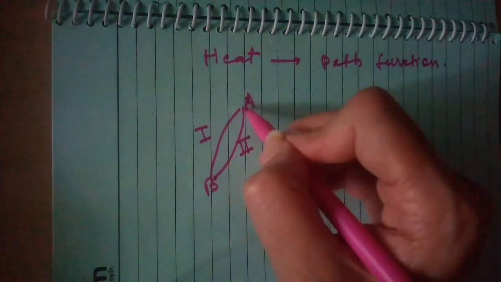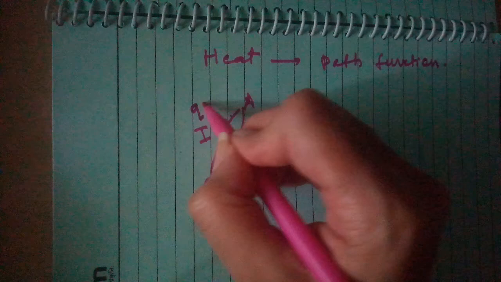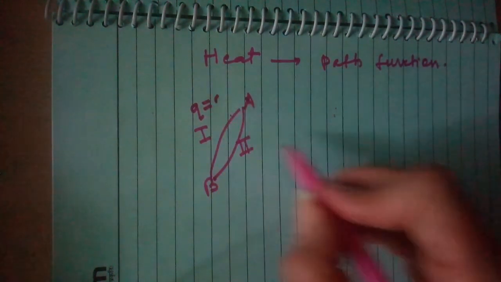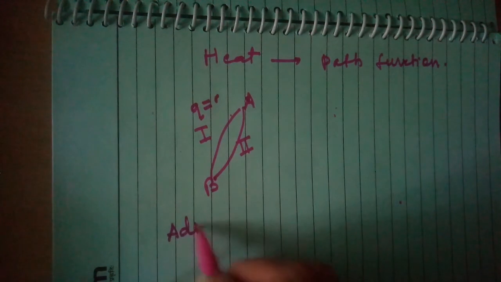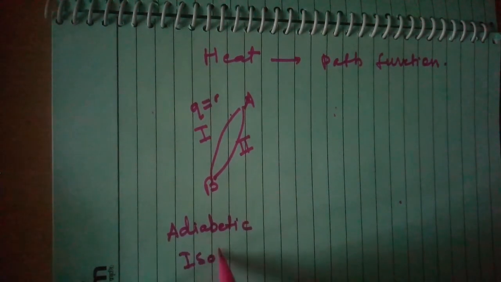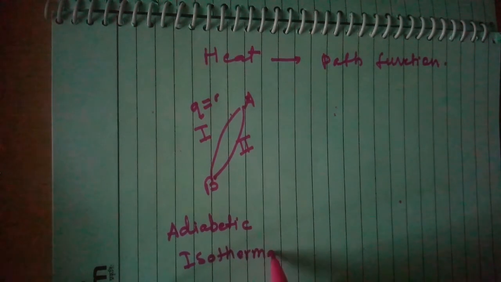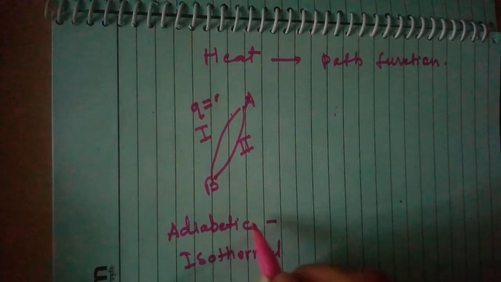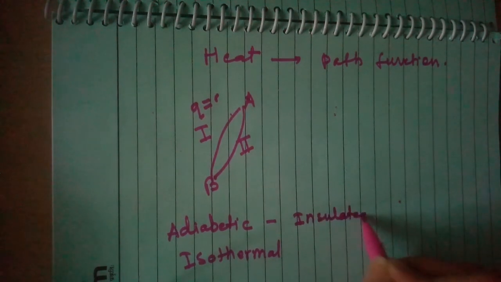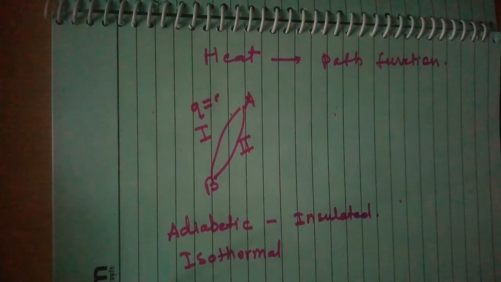Now for changing A to B in an adiabatic process, Q is... You have not come across this concept of adiabatic. I will explain this afterwards, but for the instance, an adiabatic process is an insulated one. There is no energy exchange from the system to the surrounding.